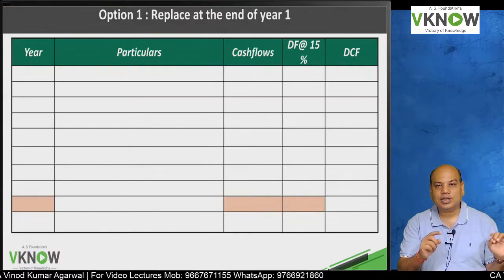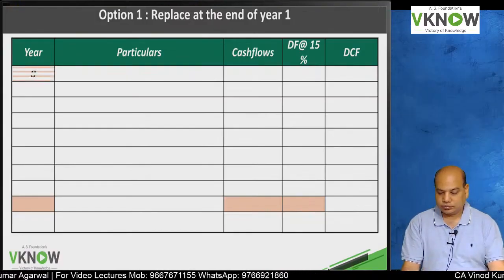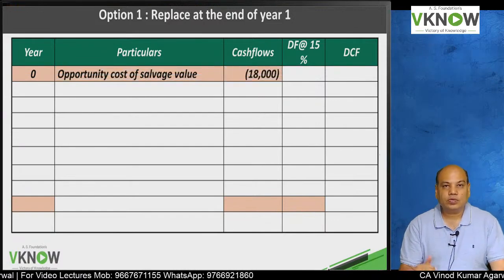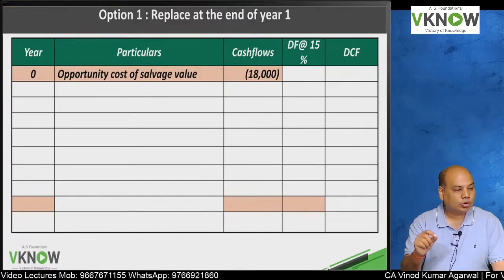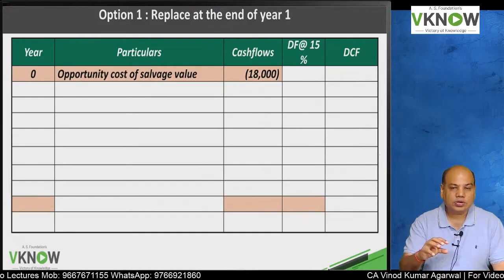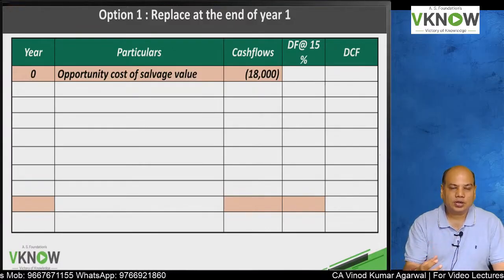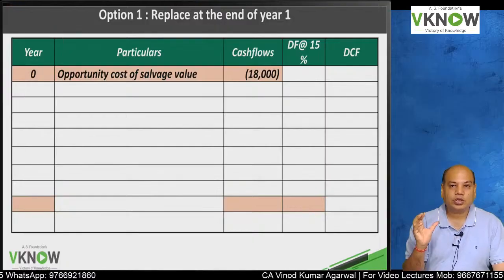So if I don't sell it now, I have an opportunity cost of 18,000 rupees. Continuing with the old asset means not selling it now. Not selling it now means there is an opportunity value. There is a cost of that decision to use it for one more year. So 18,000 rupees will be treated as opportunity cost.